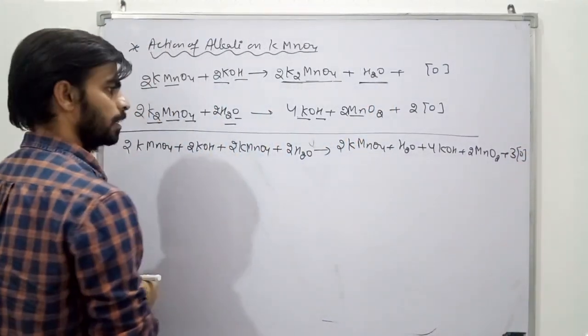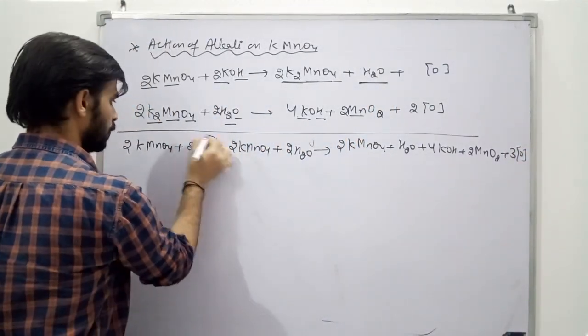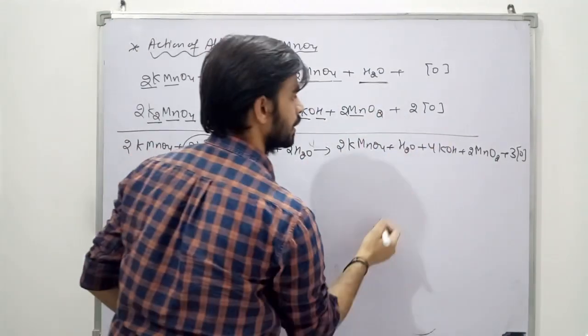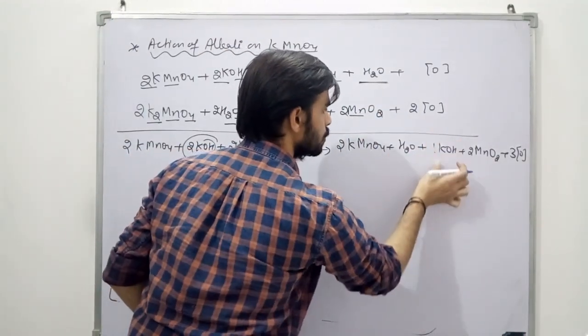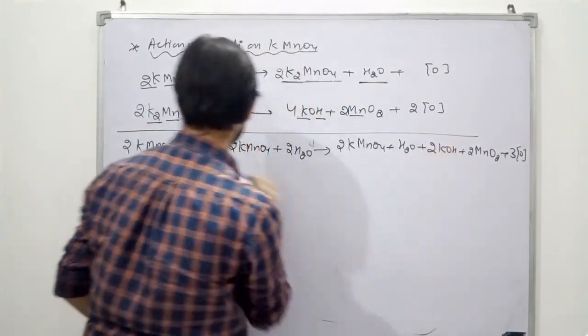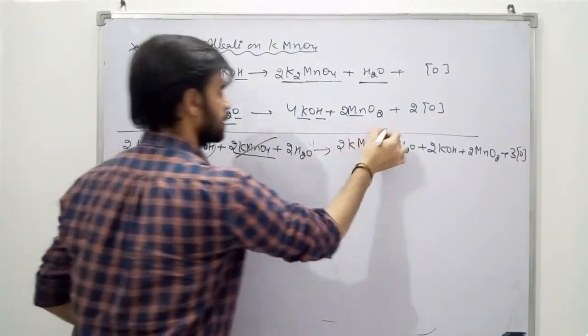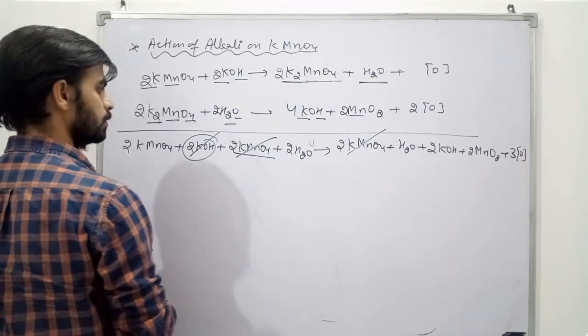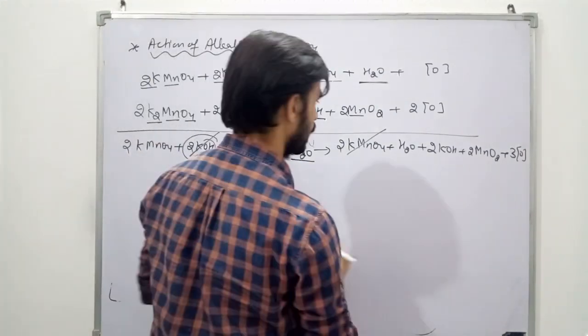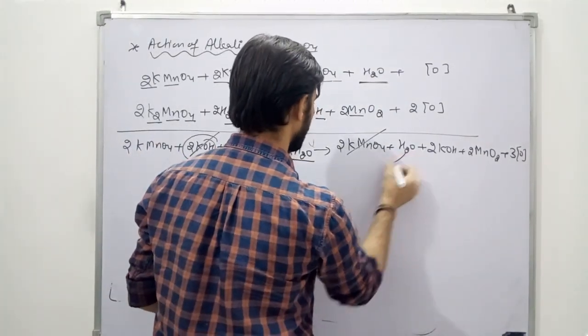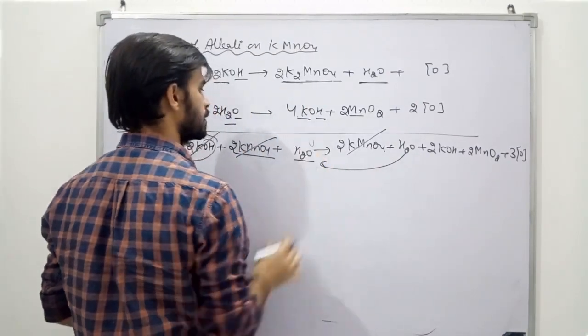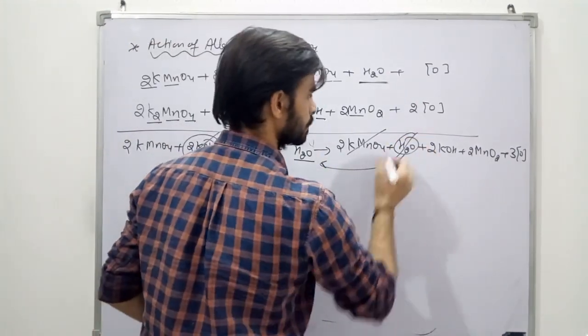Now let's check some points. If this is shifted to the right side, then we have twice of KOH. Twice of KOH and twice of K2MnO4 will cancel out. Now H2O and H2O will shift to the right side, and a single H2O is also there.